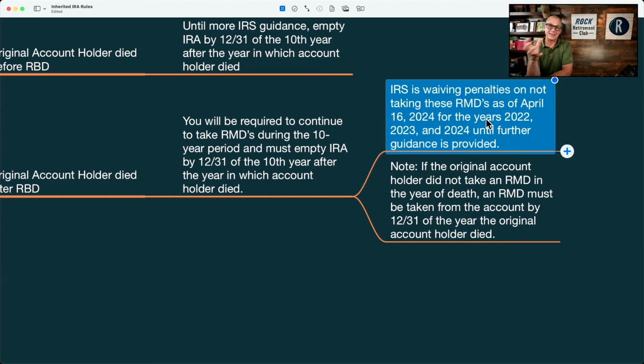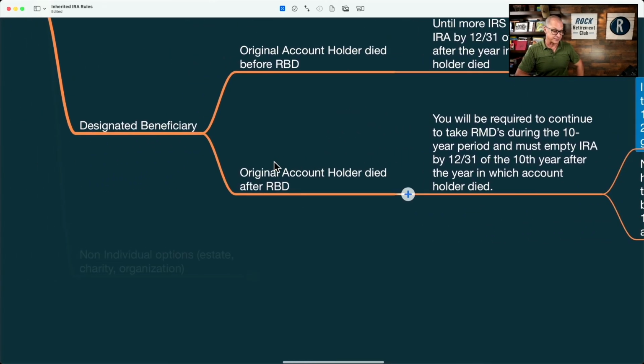But assuming they get the guidance out starting in 2025, then if you don't take that required minimum distribution because you inherited an account as a designated beneficiary from an original owner that was already taking required minimum distributions, you could have some surcharges and penalties. So you can see how this gets complicated.